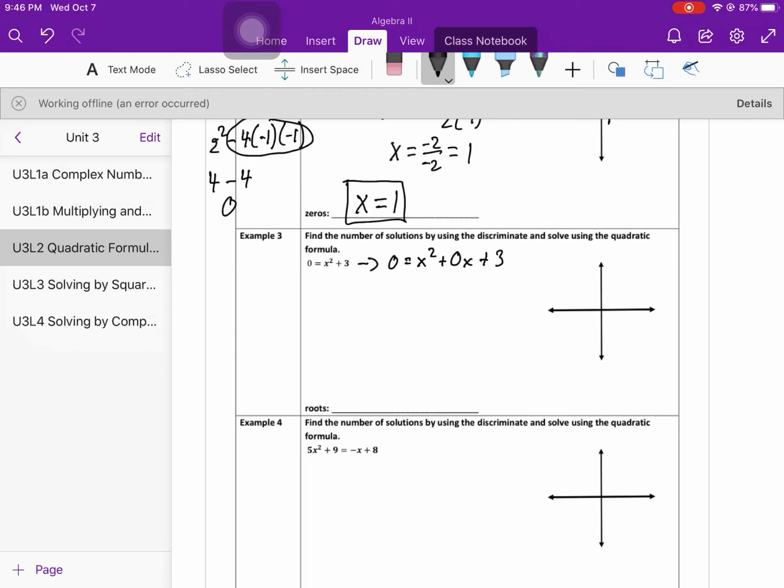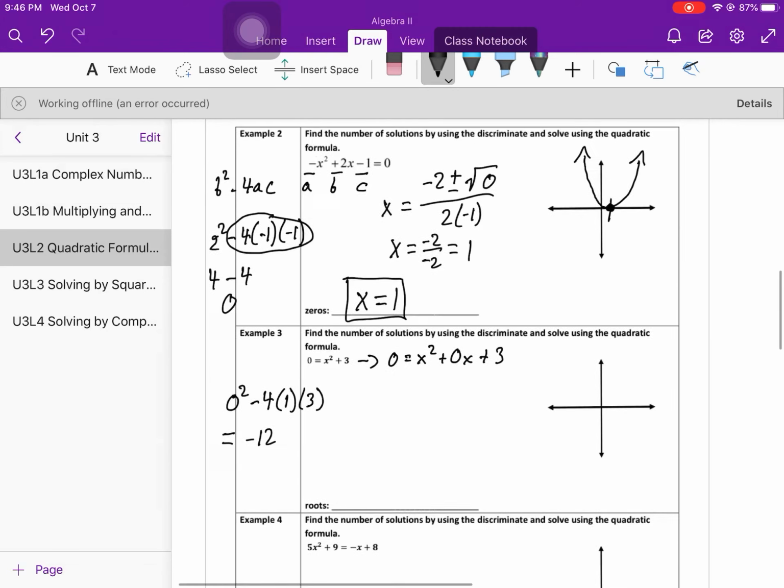Okay, so if I do the discriminant again, it would be 0 squared, that's my b, minus 4ac, which is 1 times 3. So we get -12. So -12 is what's going to end up going inside of that.